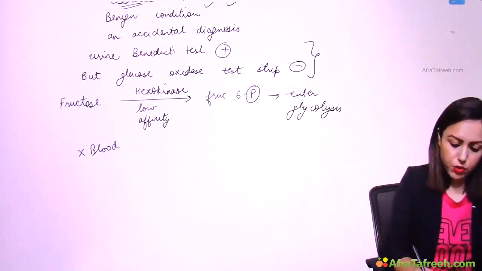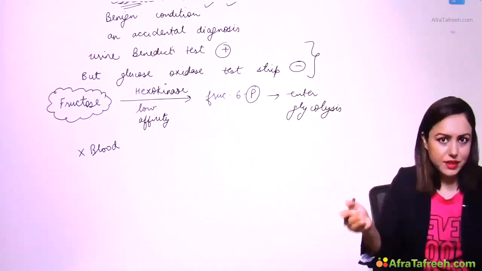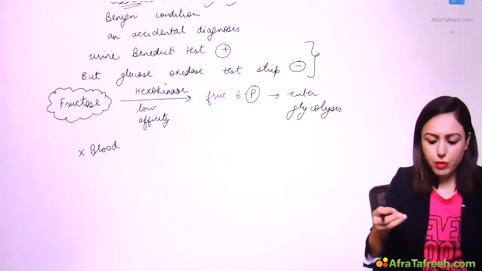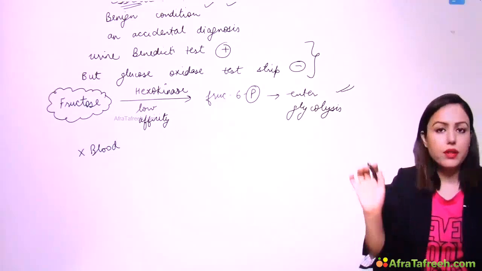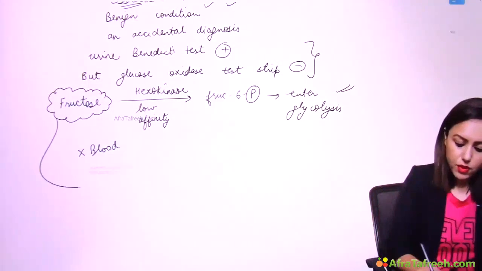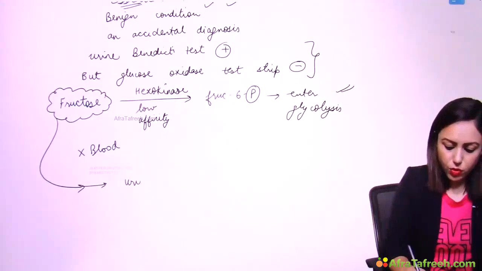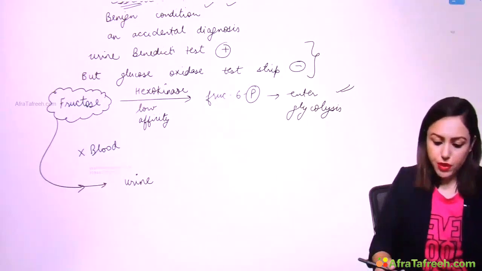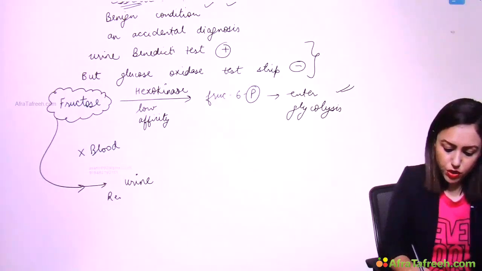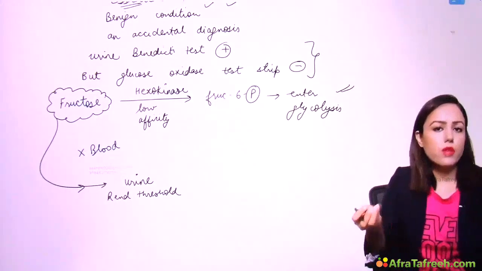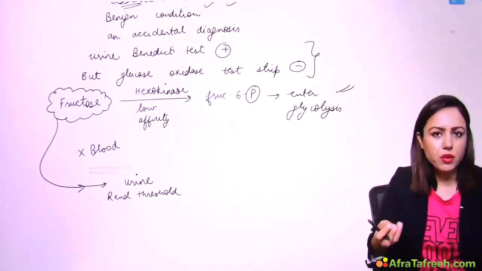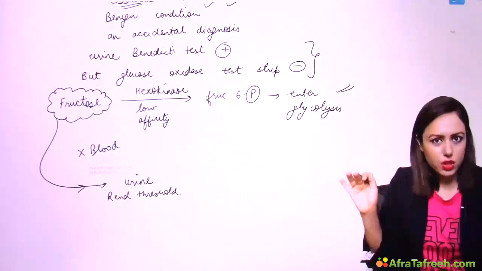This fructose will not be accumulated in blood because the fructose which is in excess in the body, some of it will be going towards glycolysis by this route, and the rest of it will be going in urine because there is no renal threshold for fructose. If even a little bit of fructose is present in blood, that will be excreted out in urine.